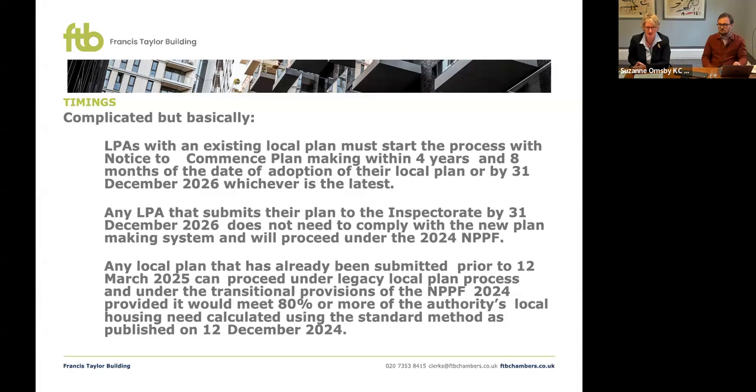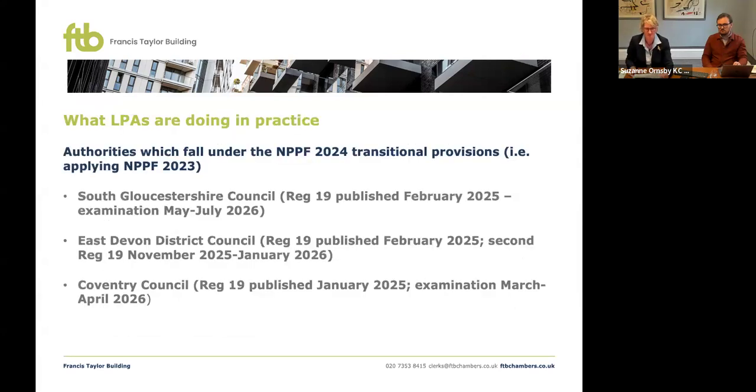I think most legacy plans are proceeding under the second point there, which is submission by the 31st of December and compliance with the 2024 MPPF. So leading on from that, what are people actually doing, so far as we can tell from here in London?